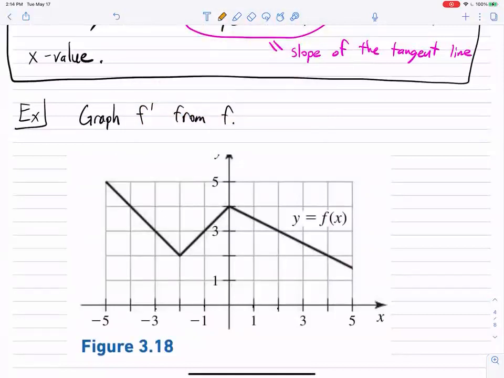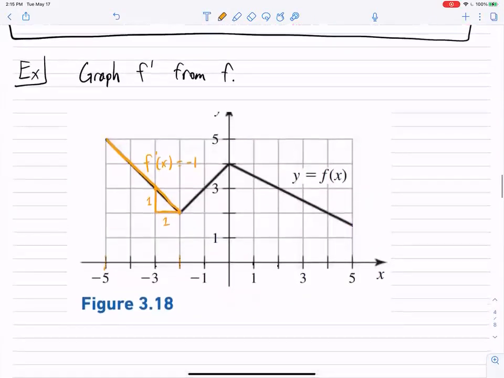For these x values from -5 to -2, the slopes are all the same along here. And the slope is always going to be down 1 over 1. So f prime of x here for these x values is going to be -1, because the slope is down 1 over 1. So the slope is -1.